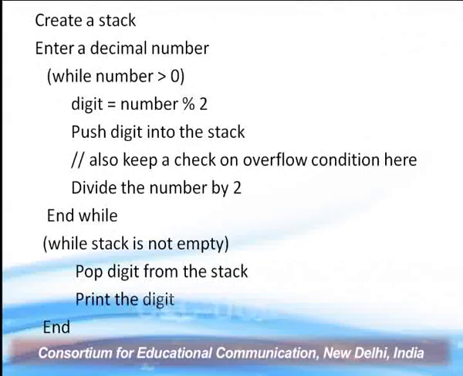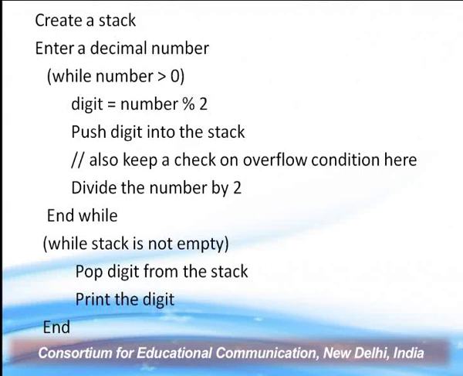In order to do this, we need to create a stack first. We enter a decimal number. While the decimal is greater than 0, we take the remainder by 2 and store it in a variable called digit. Now push digit onto the stack. In the earlier version we were printing this; now we are not going to print the digit.